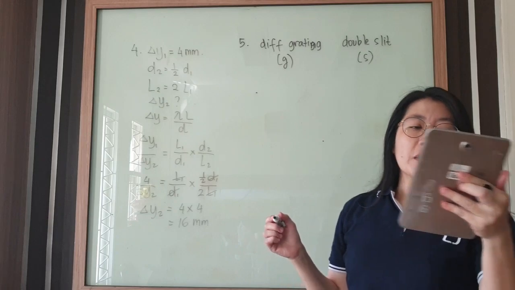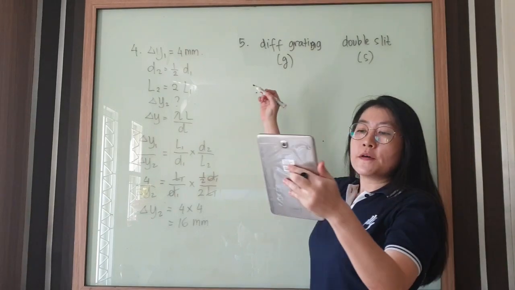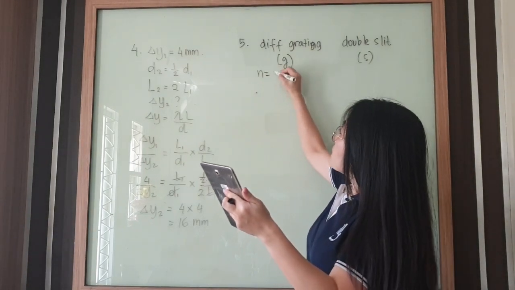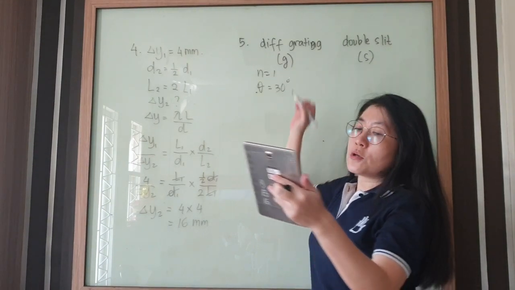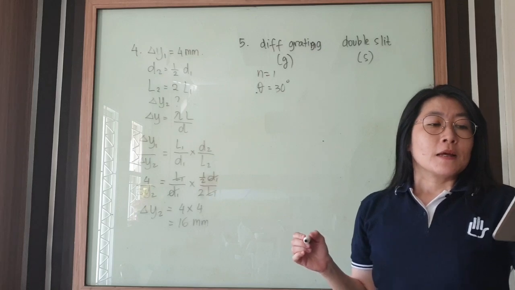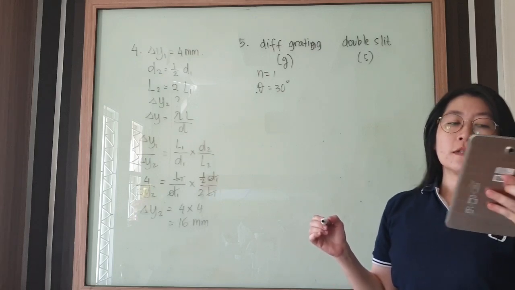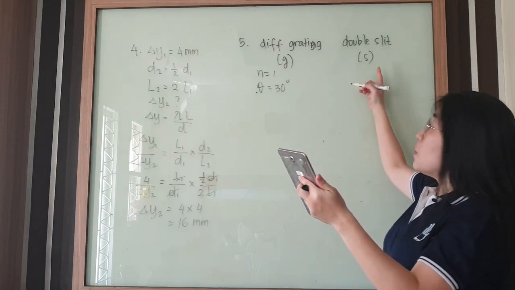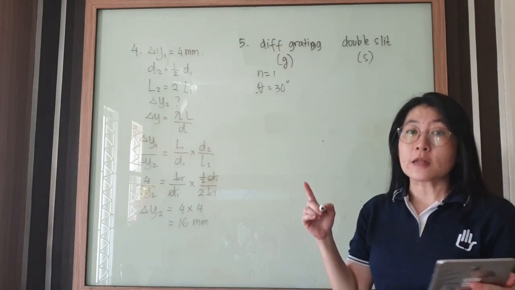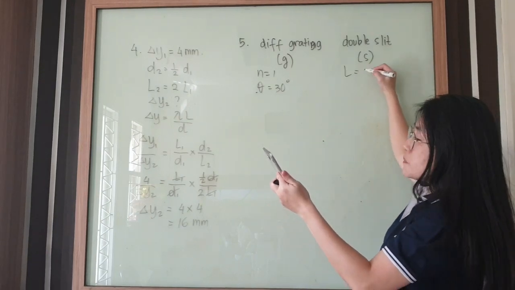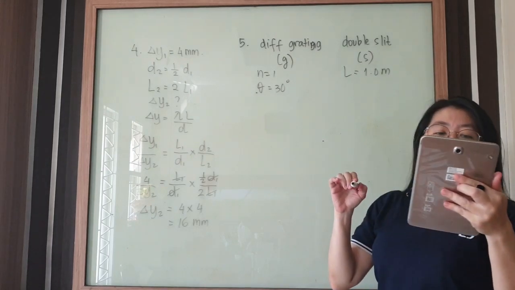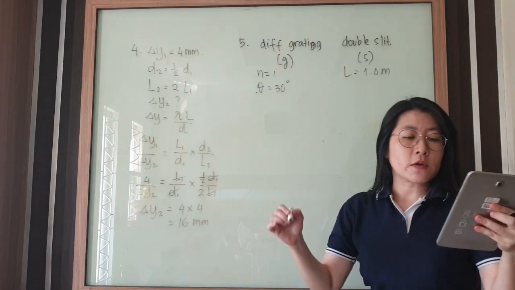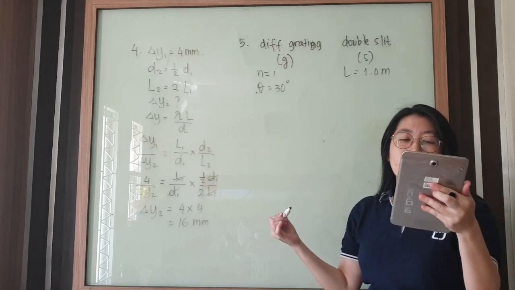Using the diffraction grating, yellow light of the first order, n equals 1, is seen at theta 30 degrees to the normal to the grating. The same light produces interference fringes on a screen 1 meter from the double slit. That will be L, 1 meter. The slit separation is 500 times greater than the line spacing of the grating.